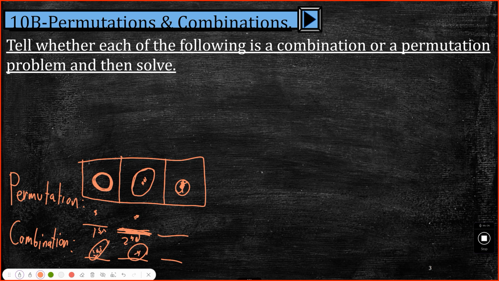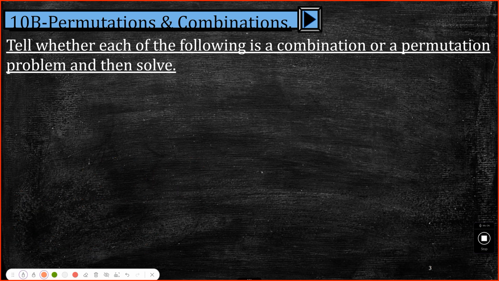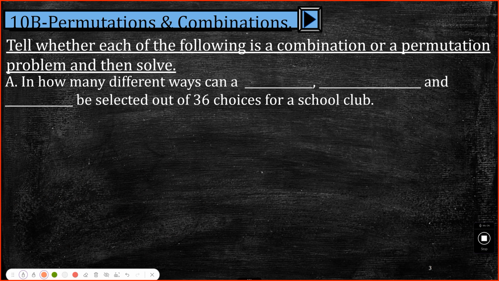Whereas when there's a difference between the first and the second, that's a permutation. There's order here. So the idea is that when they're not the same value, then it is a permutation. I don't remember exactly how I used to speak about this, but that's good enough. Permutation is that order matters. Between the first and the second, there are different values to them. All right, let's go. Example A.